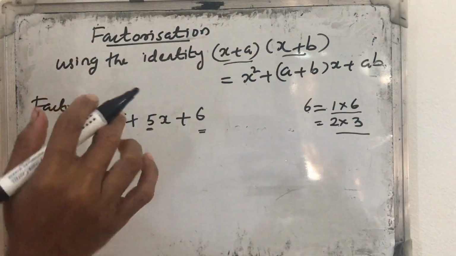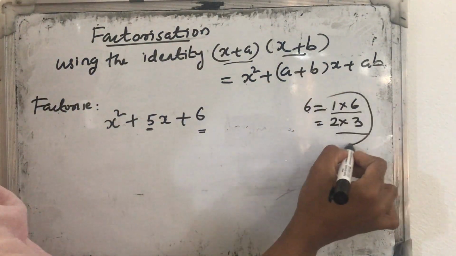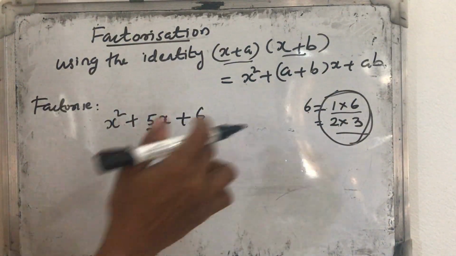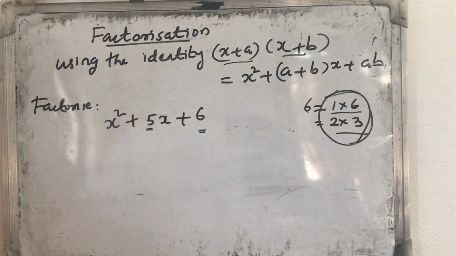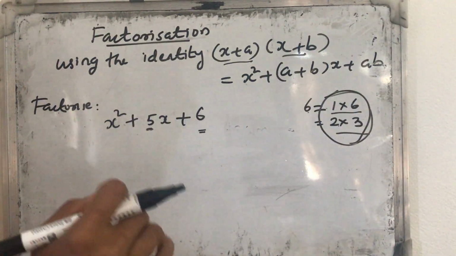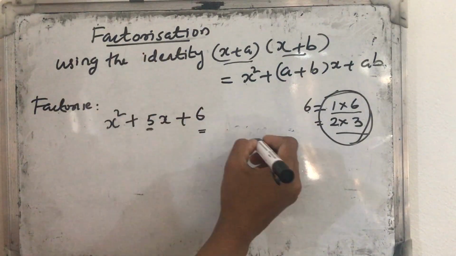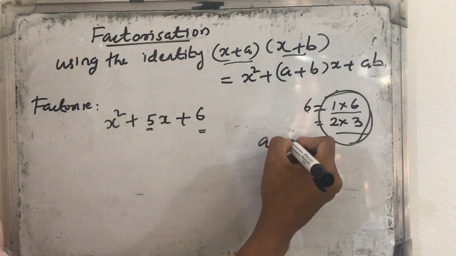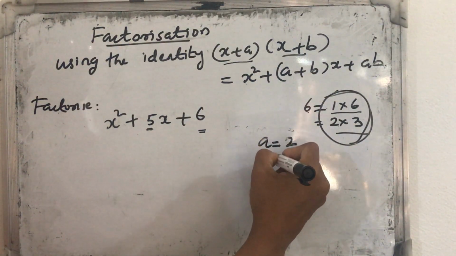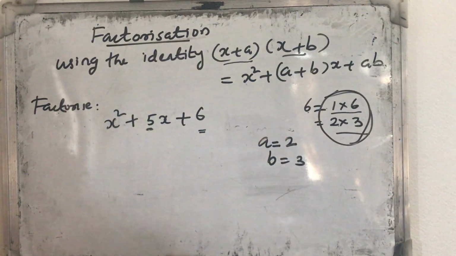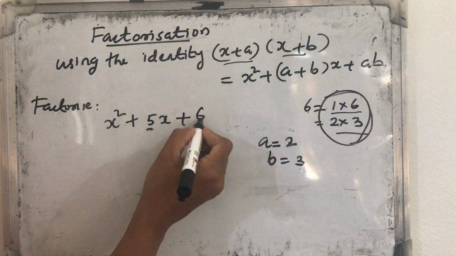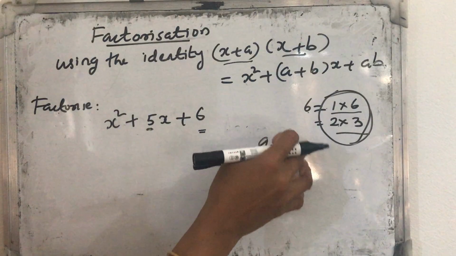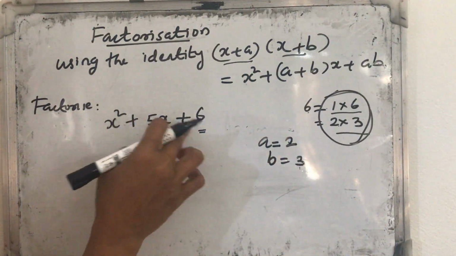But which pair has a sum of 5? 1 plus 6 we will not get 5, but 2 plus 3 is 5. So take a as 2 and b as 3. Their product is 6, their sum is 5, and both are positive.